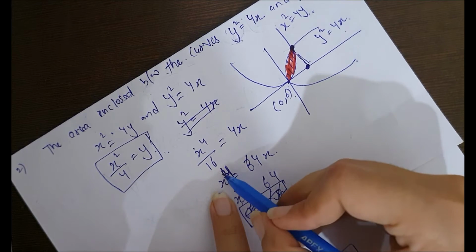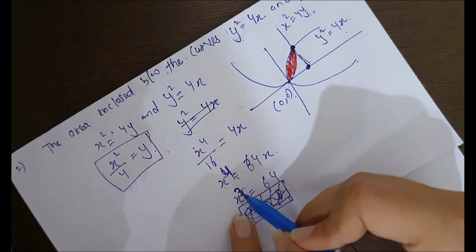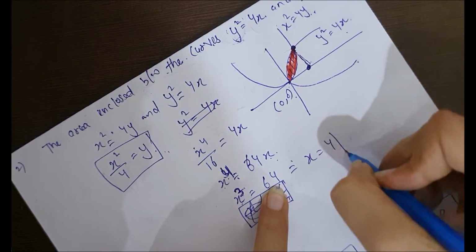Here one correction: this is x raised to power 4 and here x raised to power 3. So the x value comes out to be 4.